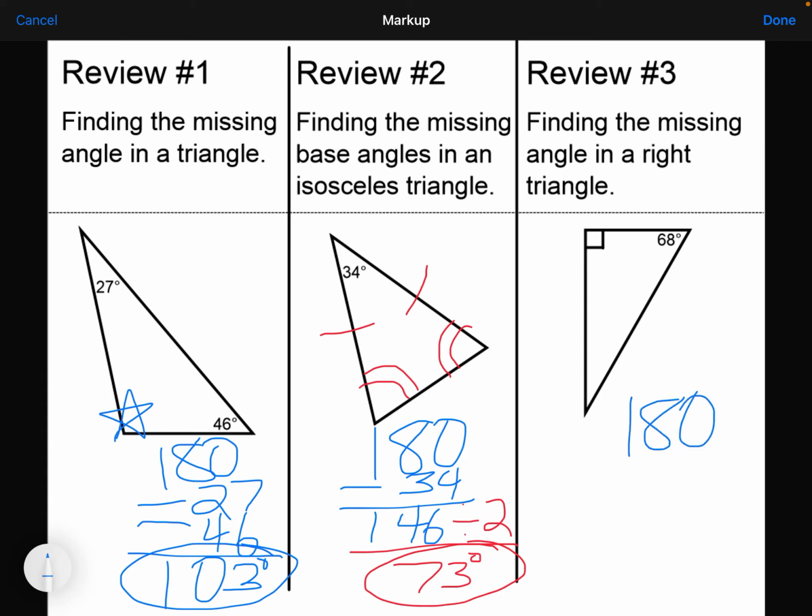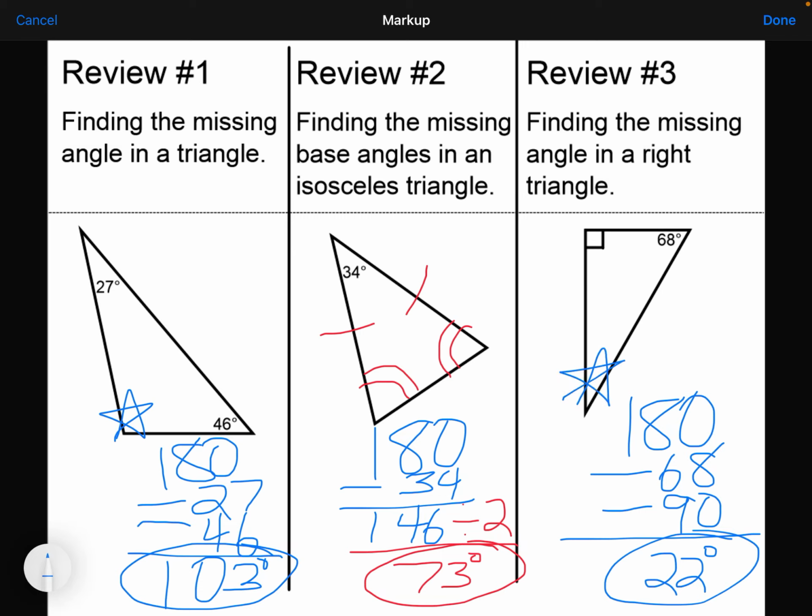Subtract from 68. But no, don't just only do that. There's a box symbol in the problem. That means 90. So you have to subtract, just like the first problem, 180 minus both the other numbers, even though 90 is not in there, the box symbol counts. And you get an answer of 22 degrees. That's how much that small little symbol is right there.